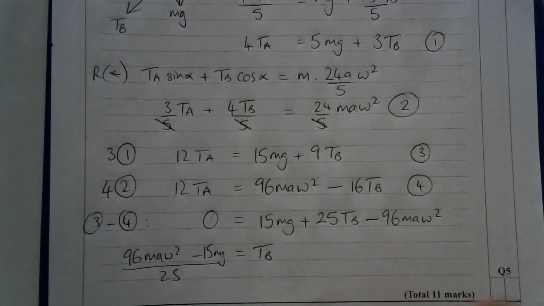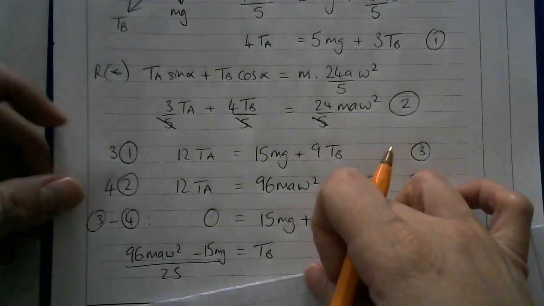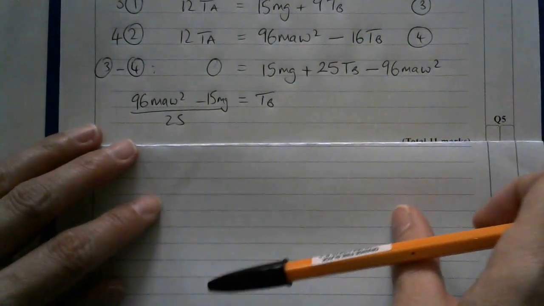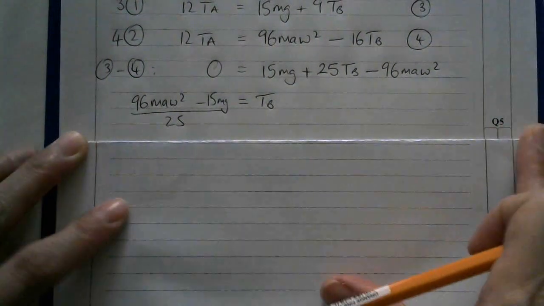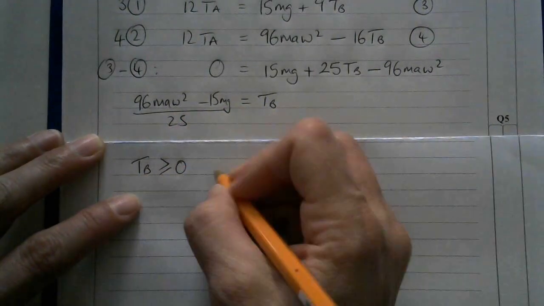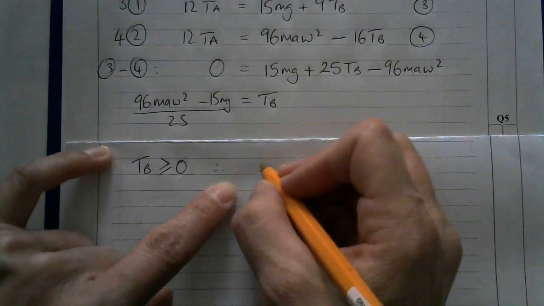Okay, so as I said, now I need to get an inequality for omega, and so I'm going to get that by saying that TB needs to be bigger than or equal to 0. Therefore, basically the top of this will be bigger than or equal to 0.